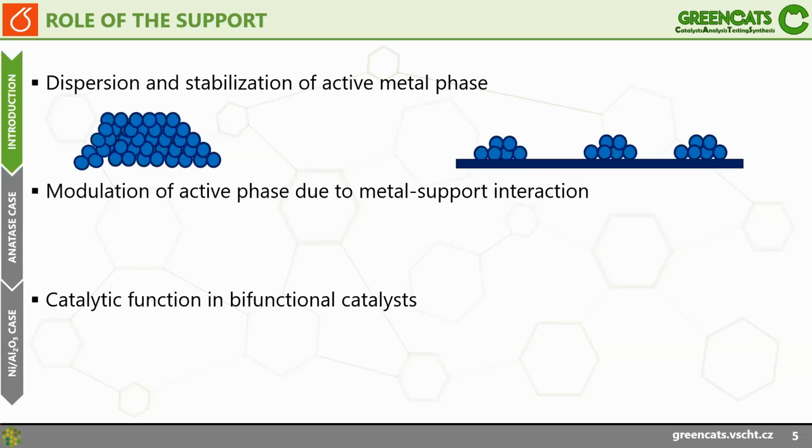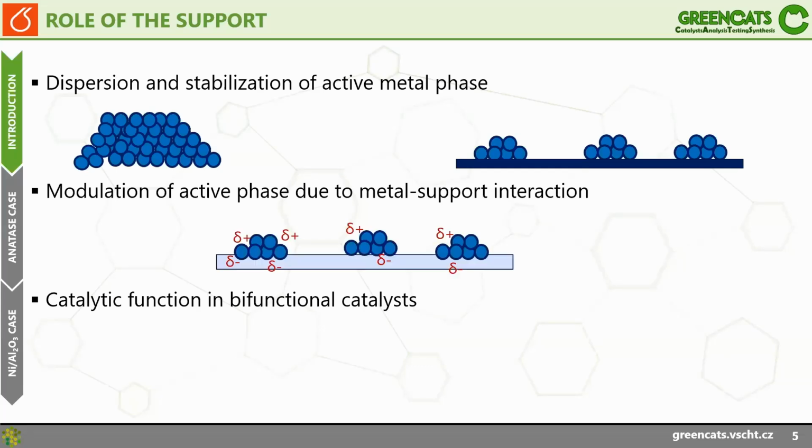We disperse the active phase better, and as we do that, we have more chances for the reaction to take place. Of course, there is interaction, so we modulate the active phase somehow. There is some charge transfer between the support and the particles, and that also affects the reaction.